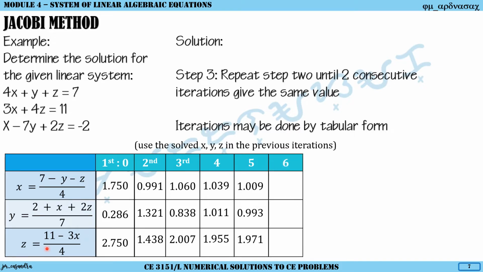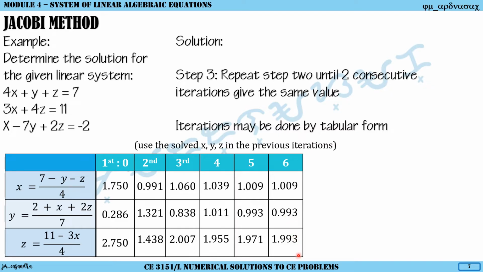Still not the same, we move to iteration 6 using values of iteration 5. 1.009, 0.993, 1.993. Hey, x and y for 5 and 6 are also the same.